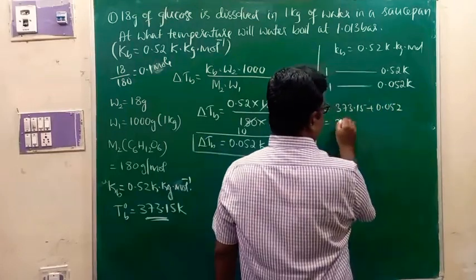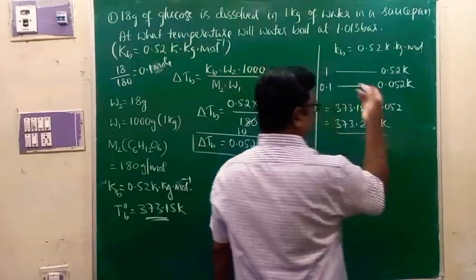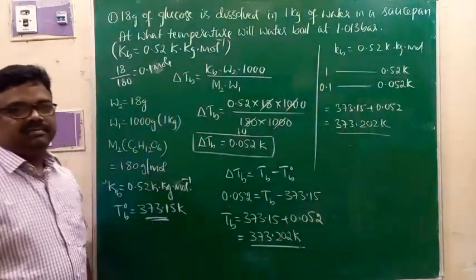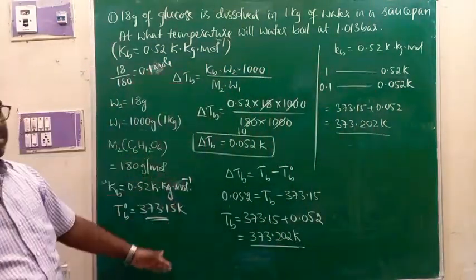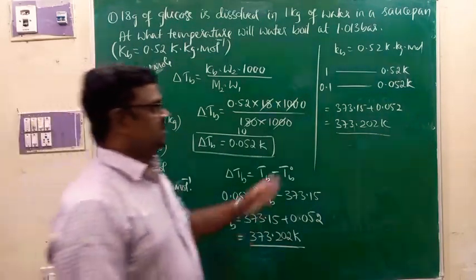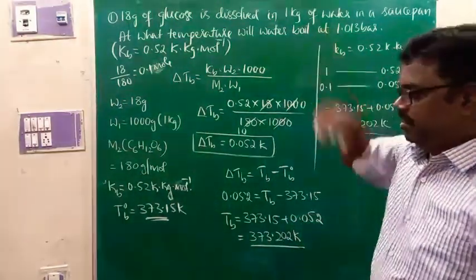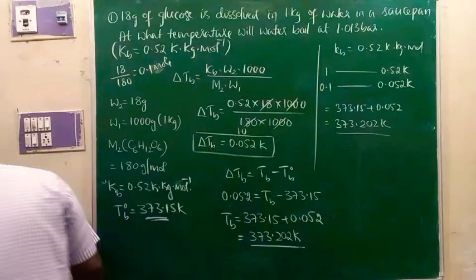This is how it is done in the CET, and that is how it is done in the annual exam. You should have both ideas. This is calculating the boiling point of the resulting solution.